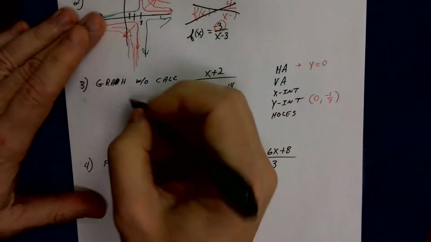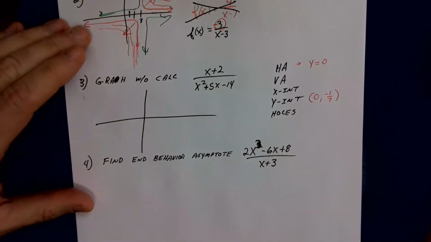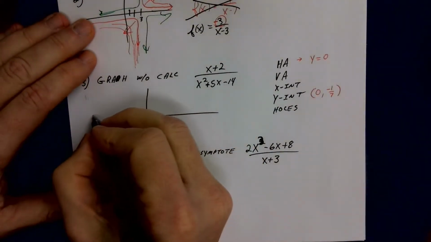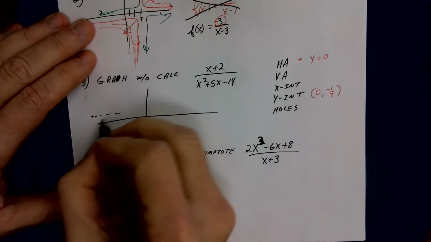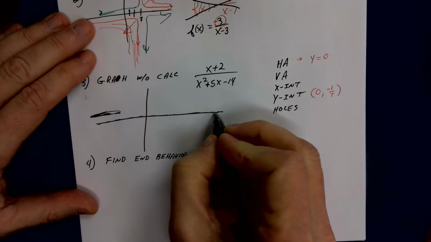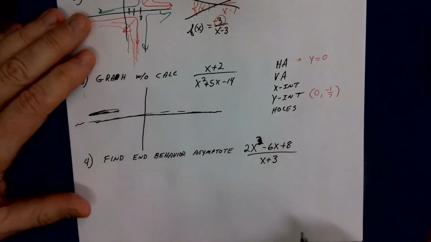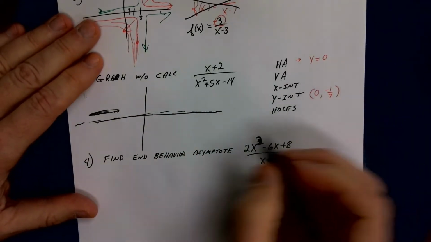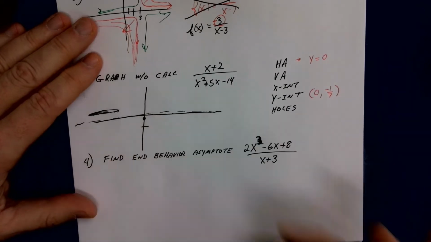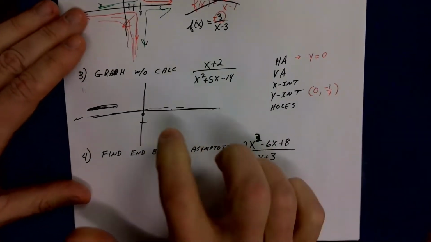So let's come over here and see if I can get some of this information on here so far. I know that I have a horizontal asymptote at y equals 0, right there on top of that line. Let me do that. So that's kind of dashed. I have a y-intercept at 0, negative 1/7, so if this is 1, negative 1/7, it's like right there. But I don't have much else at this point in time.